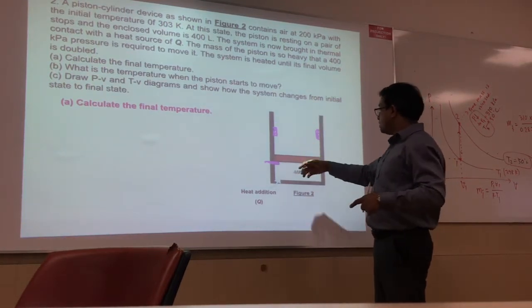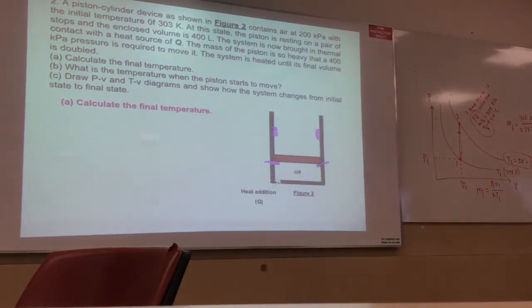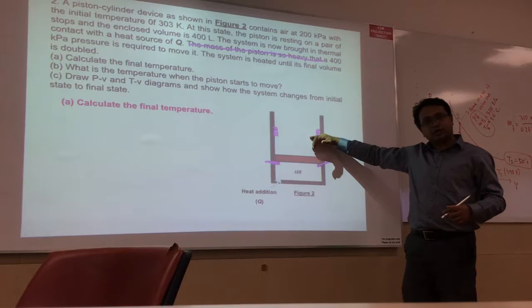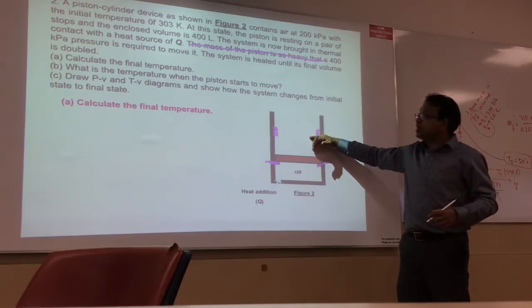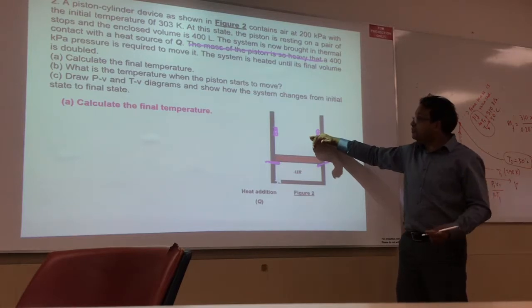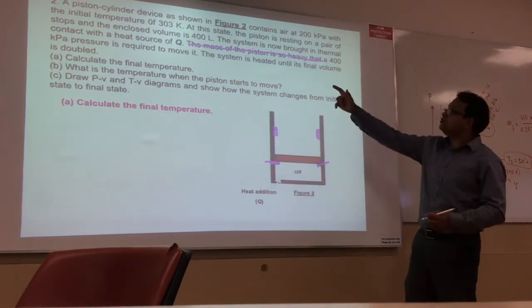The mass of the piston, no. I remove this line. In that case, this is not a heavy piston, right? Lightweight. Apply heat, the piston is moving from here to here. Correct? And volume becomes double. And further heating up, the final pressure is kilopascal. Now you have to do the same thing.